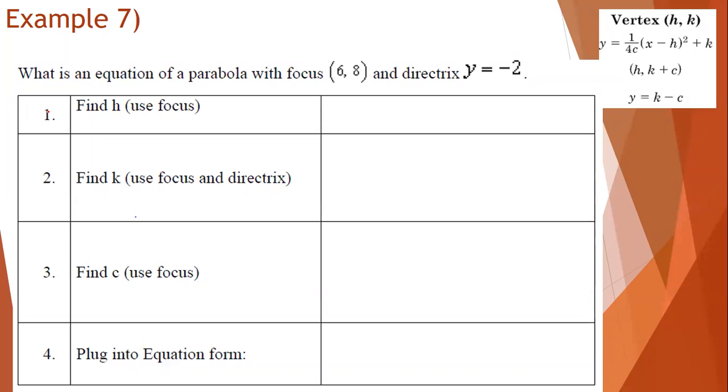So to find our h, we're going to use our focus. So the focus rule is h, comma, k plus c, right? So if we have h, comma, k plus c, and we know that our focus is at 6, comma, 8, what is our h value? 6. So h equals 6.